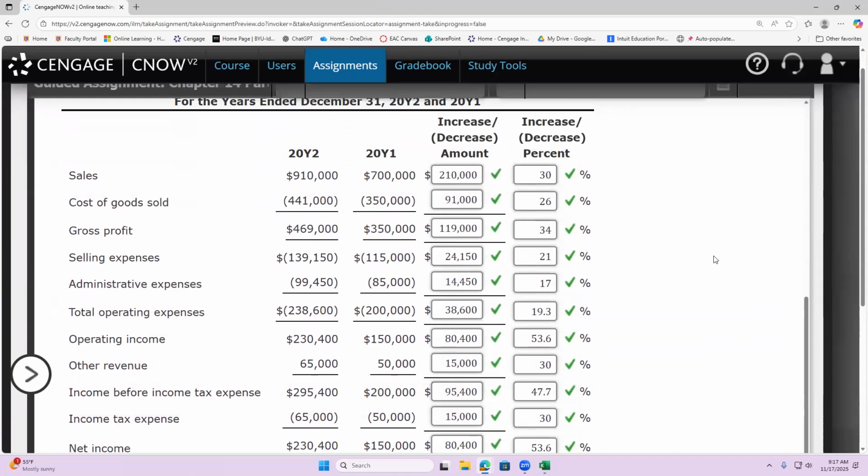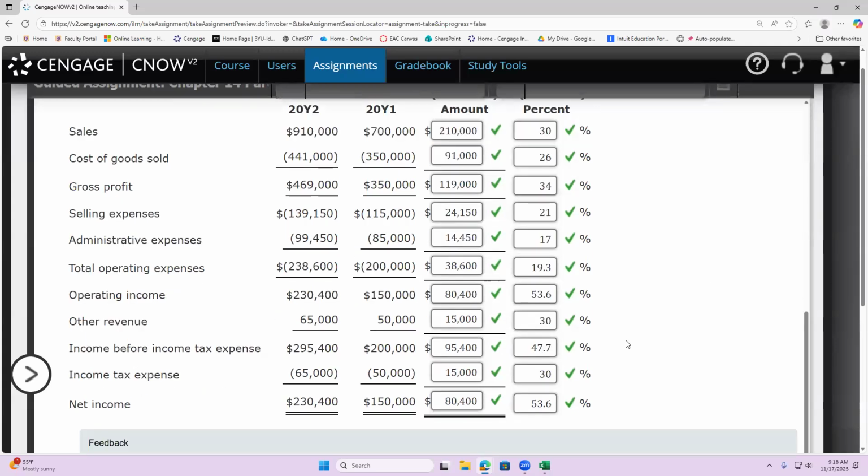All right, so now we can look at these numbers. Once we get them all entered, we can ask ourselves, what do they actually mean, right? So our sales went up by 30%, and our cost of goods sold only went up by 26%. That's nice. So as our sales grew, our cost of goods sold didn't grow quite as fast, giving us an increase in gross profit. But then we can see all of our expenses went up too. And there's always this hope, right, that as you grow your sales, even though your cost of goods sold will go up, maybe your fixed expenses will stay truly fixed and they won't go up as much.